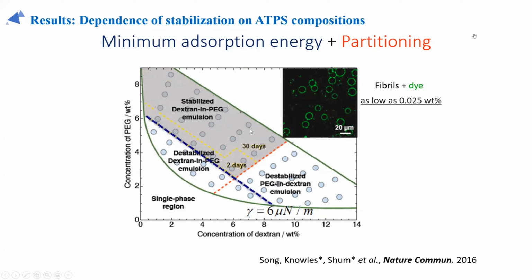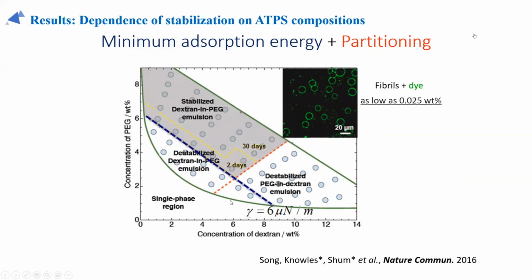Only within this gray area, the dextran in PEG emulsion droplets are stabilized. Outside of this gray area, they form either destabilized PEG in dextran emulsion droplets or destabilized dextran in PEG emulsion droplets. And you can see these two different boundaries. One is by this blue dotted line, the other one is by this red dotted line.